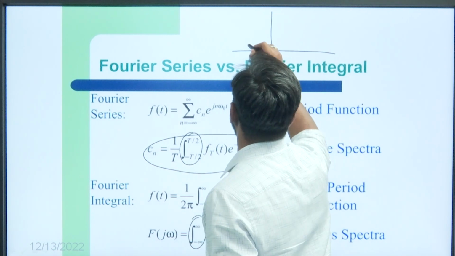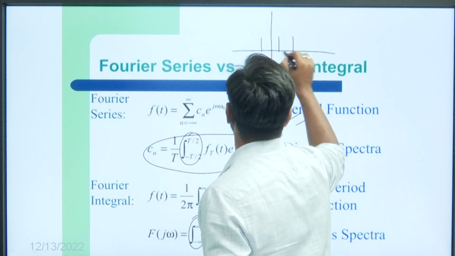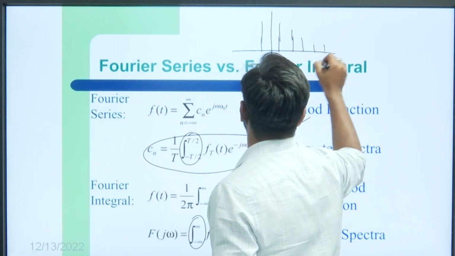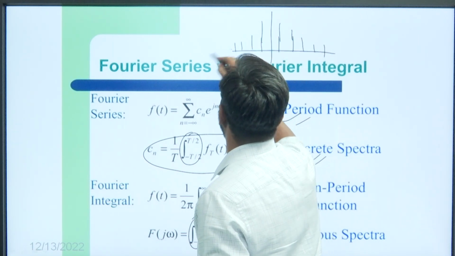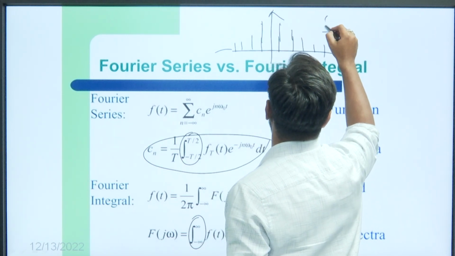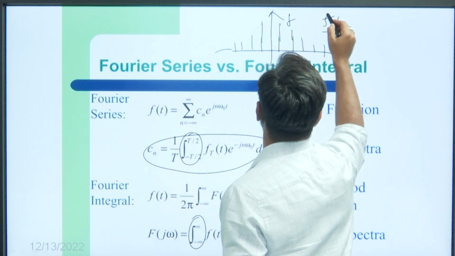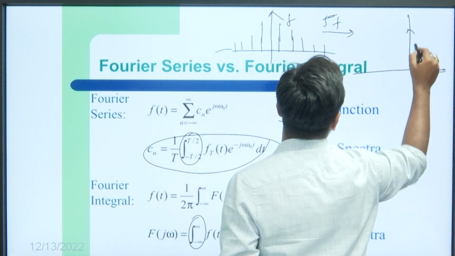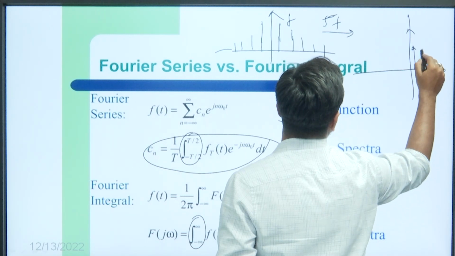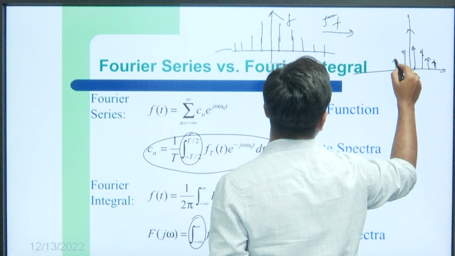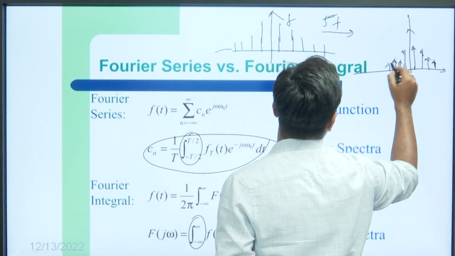Suppose some signal is like this. This is the spectrum. Now suppose you increase the frequency to 5 times: if this is f and this is 5f, then how will 5f look? It will look like this, much closer.